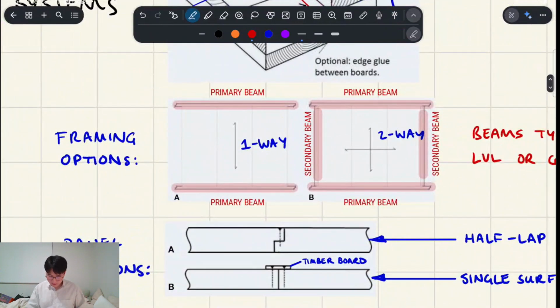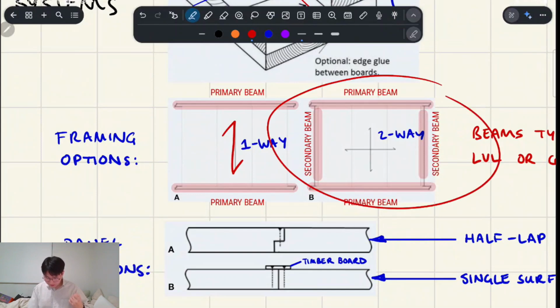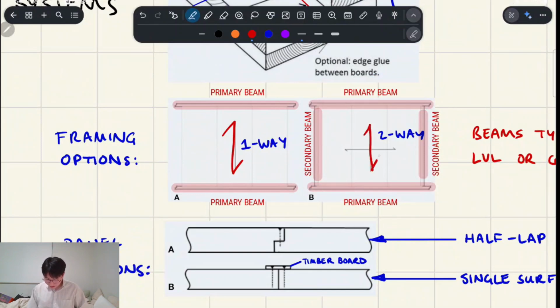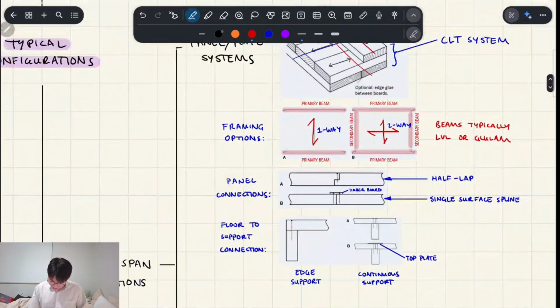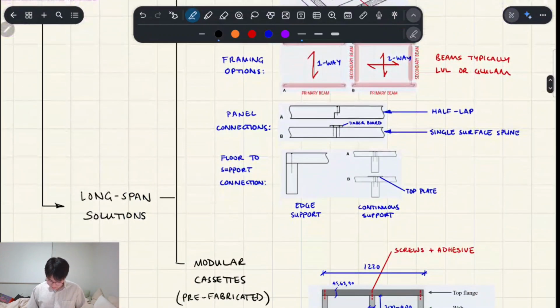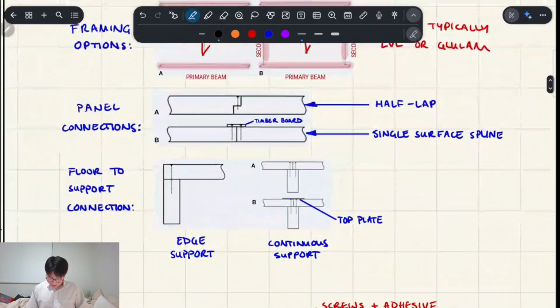So if you've got a beam here and here, for example, then you've got your members spanning that way, so the forces want to flow in one direction. Whereas if you've got your primary beams and your secondary beams like that, the forces have two directions to flow. So that's your different framing options.